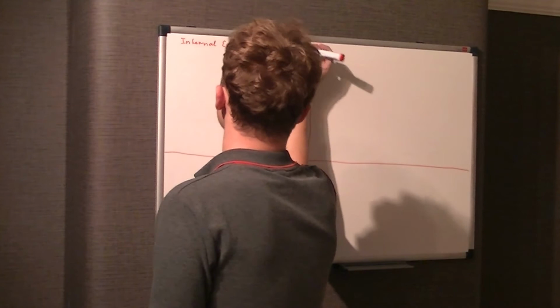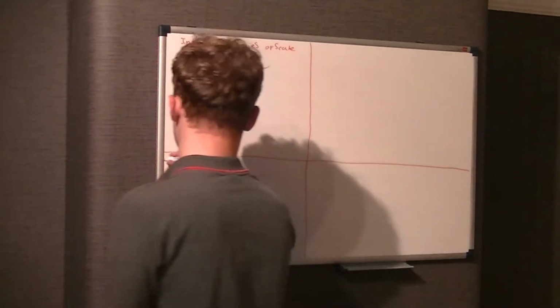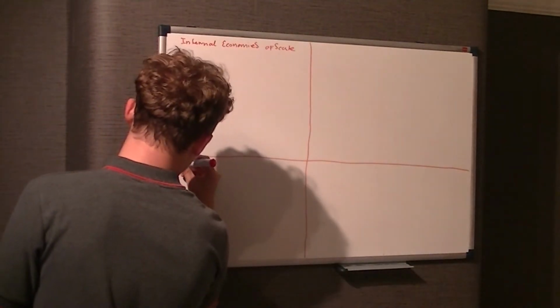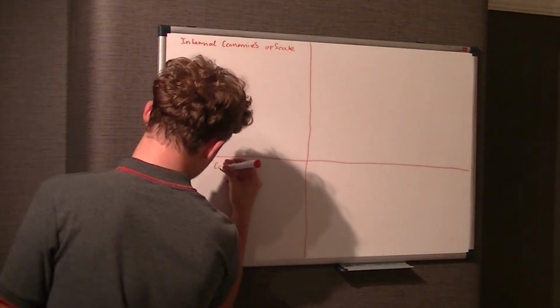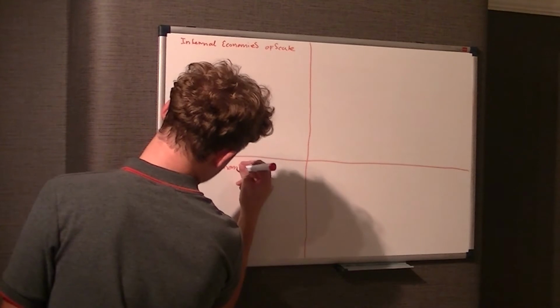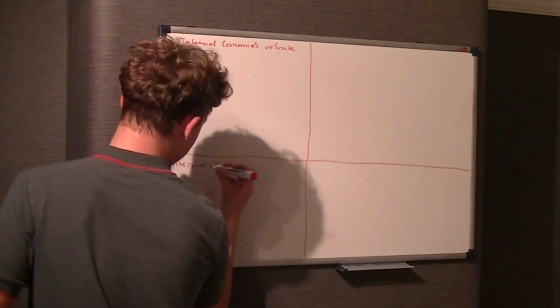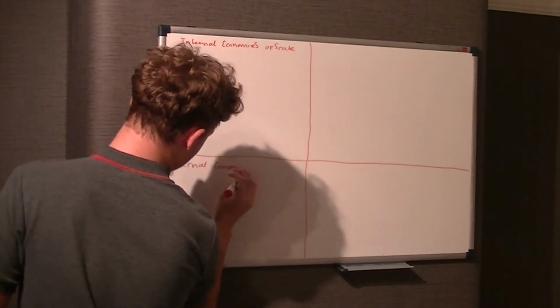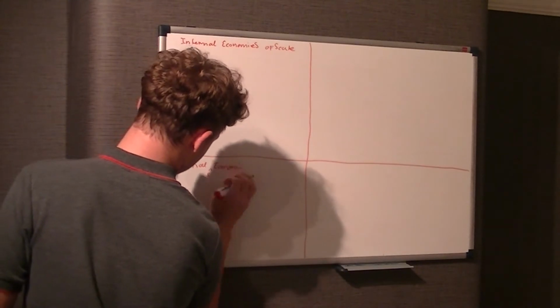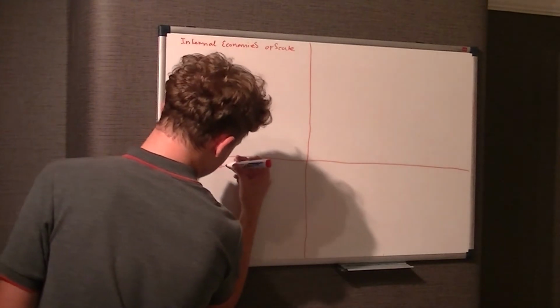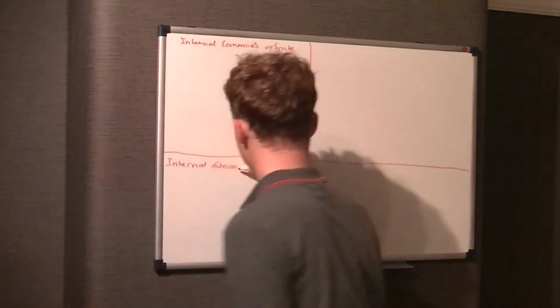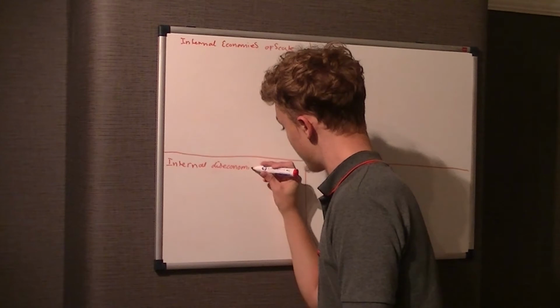So the left hand side of the board is covered with your internal economies and diseconomies of scale. Or you could put these in any part of the paper you wanted to.